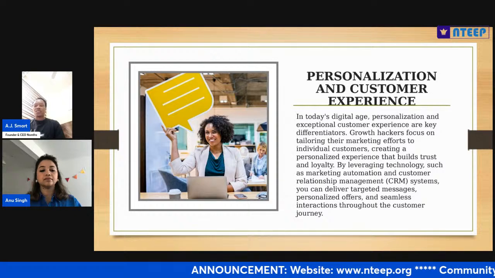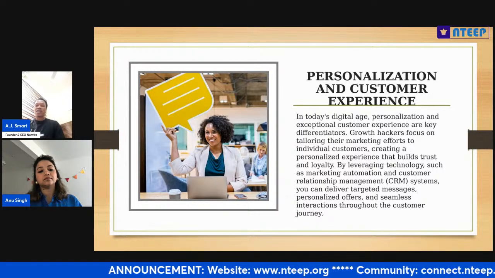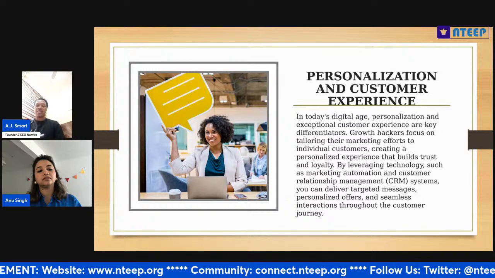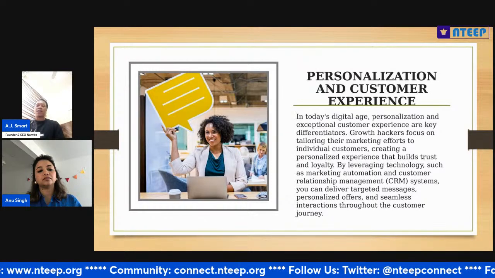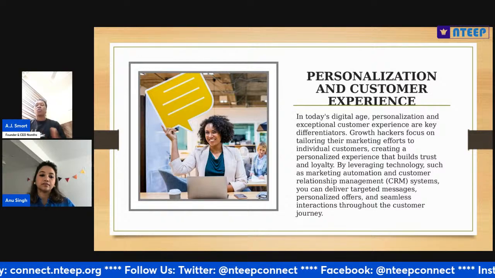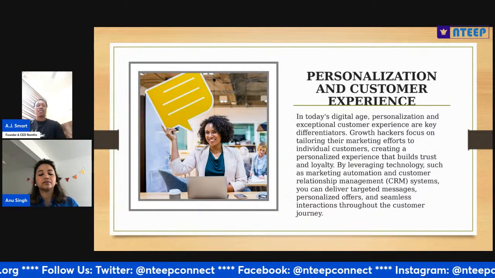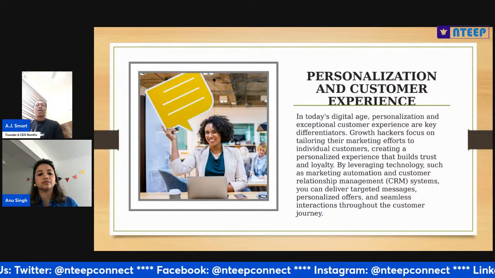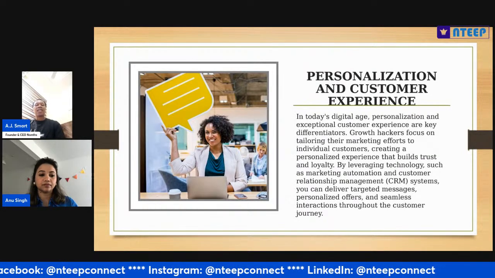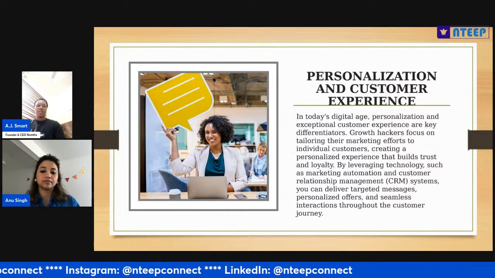So in today's digital age, personalization and, of course, exceptional customer experience are key in growth hacking. When you focus on customers, you need to make sure that their experience is seamless. Very important. Because of time, I can't continue to read that, but the idea is personalize the experience.